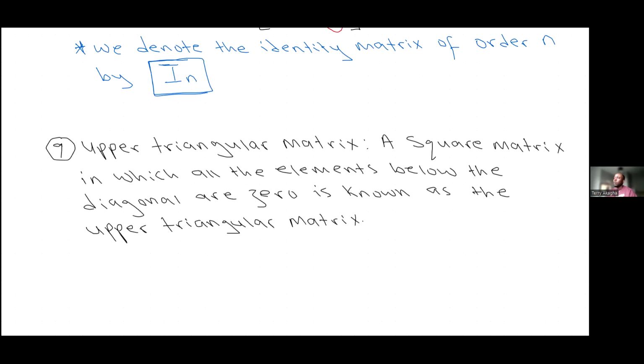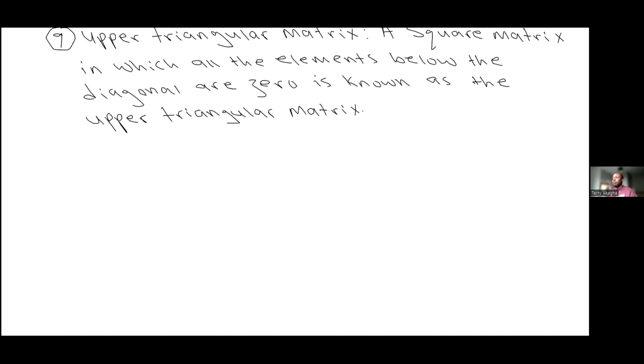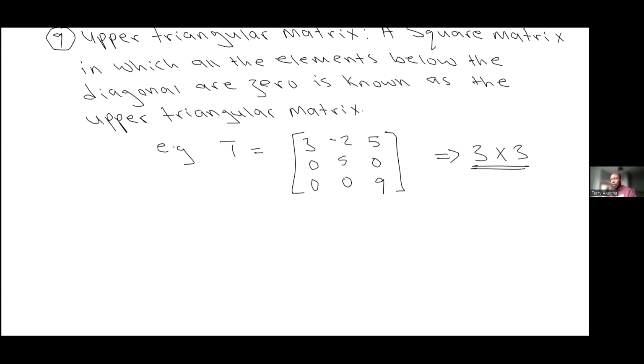Okay? So for example, let's say we have T equal to 3, 0, 0, minus 2, 5, 0, and 5, 0, 9. It does not really matter. What type of matrix is this? This is 1, 2, 3, so it's a 3 by 3, a square matrix, in which the number of rows and columns are the same.